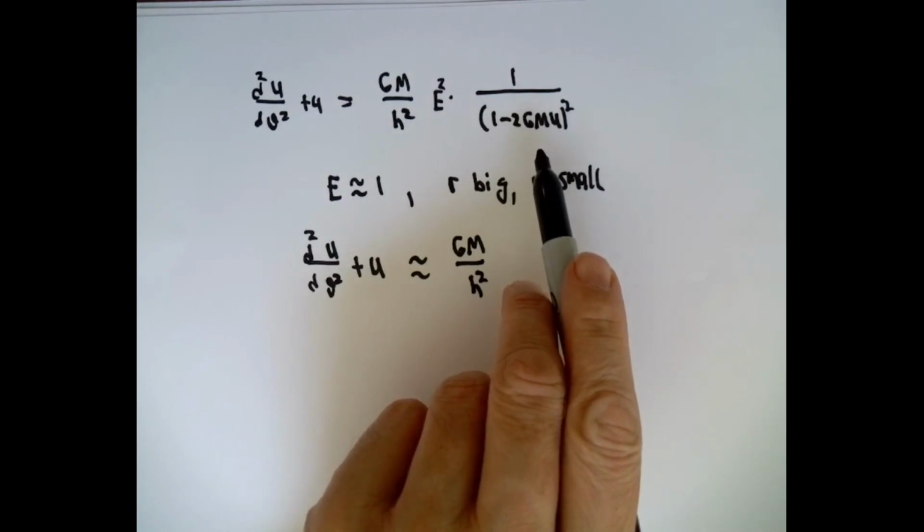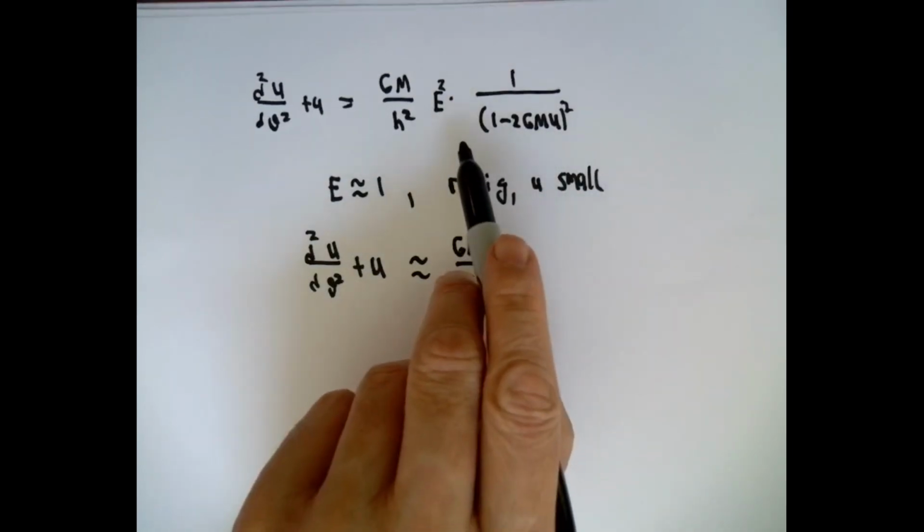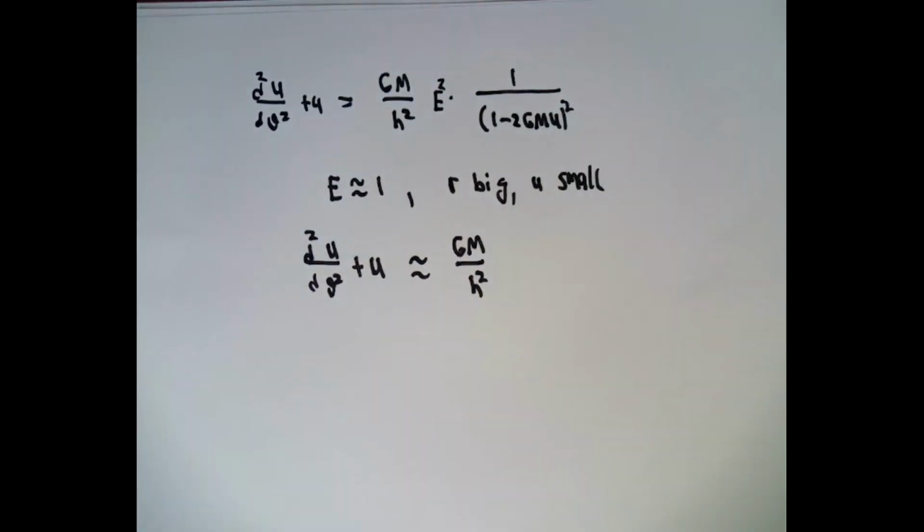If not only r is big, but the speeds are small as well, we figured out that E would approximately be 1. So in the case of far away from the source of gravitation and not moving too quickly, the geodesic equations that we have figured out reduce down into the same formula that we got in What Would Isaac Newton Do?